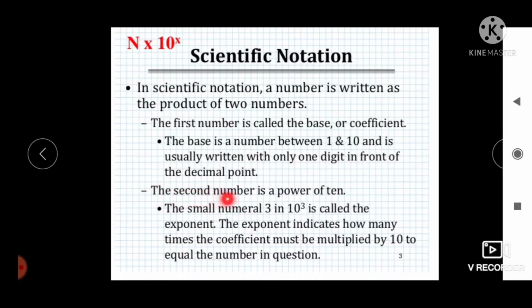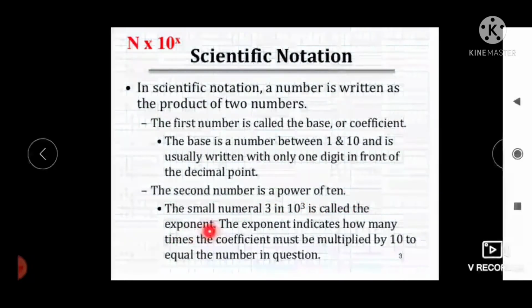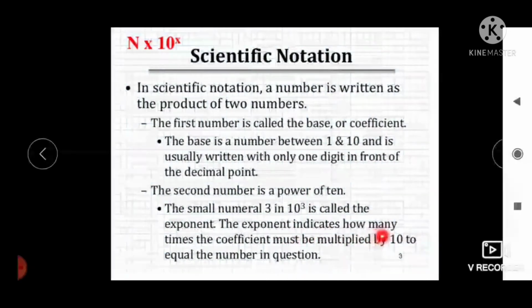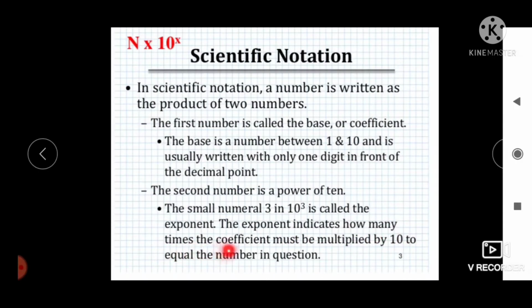The second number is the power of 10. The small numeral 3 in 10 to the power 3 is called the exponent. The exponent indicates how many times the coefficient must be multiplied by 10 to equal the number in question.